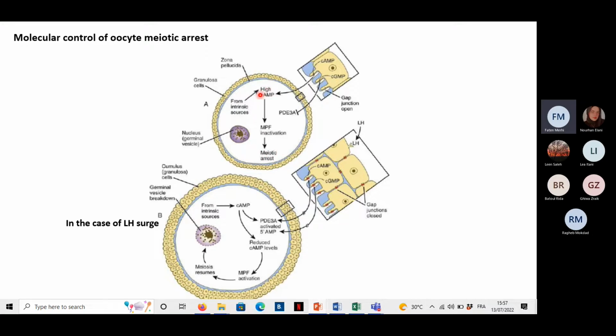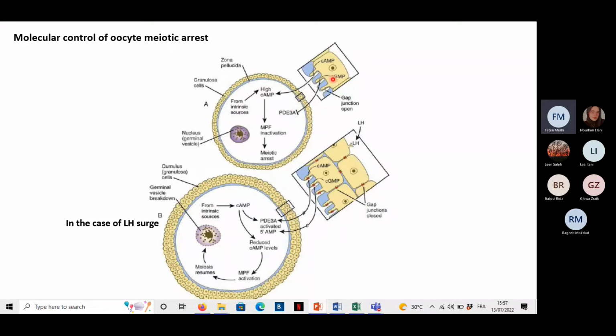And in fact, those high levels of cyclic AMP were maintained because we had some cyclic AMP coming from the granulosa cells through the gap junctions, and also we had the cyclic GMP, which was produced by the granulosa cells and also entering the oocyte through the gap junctions.